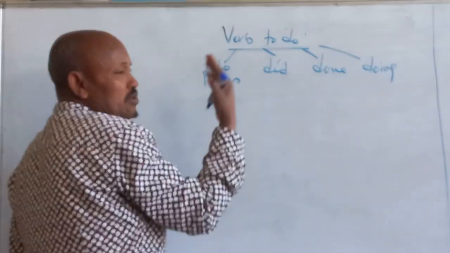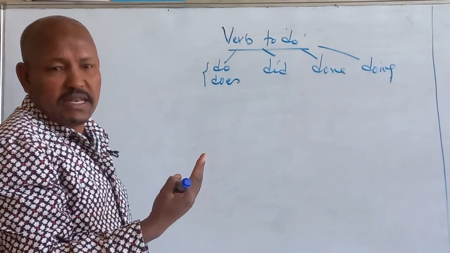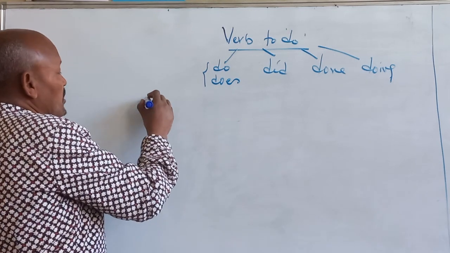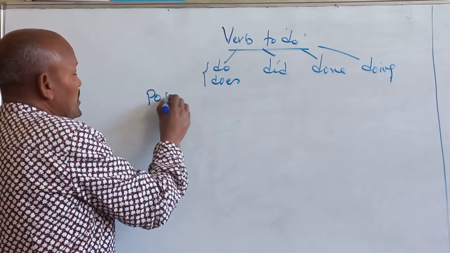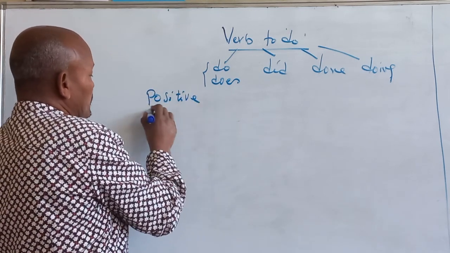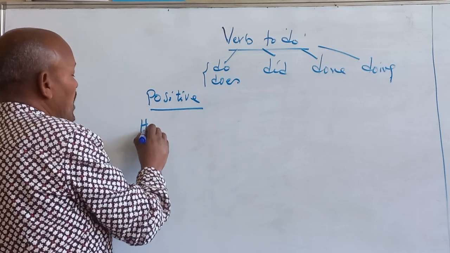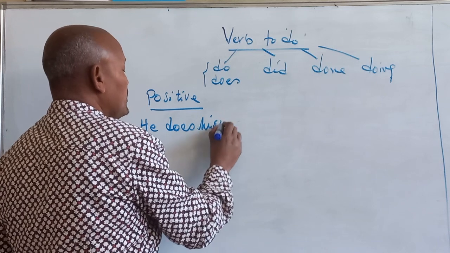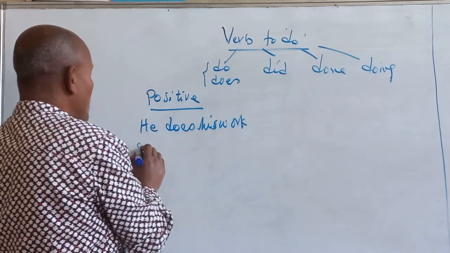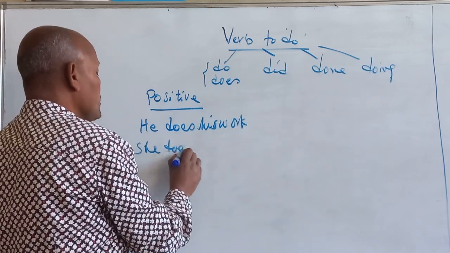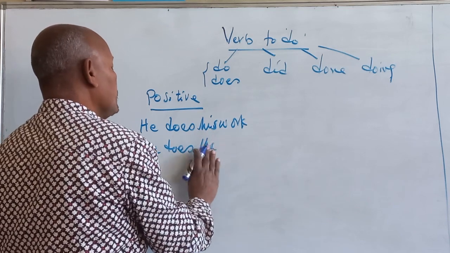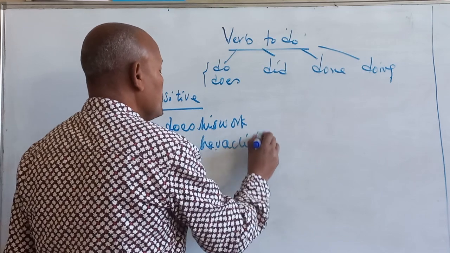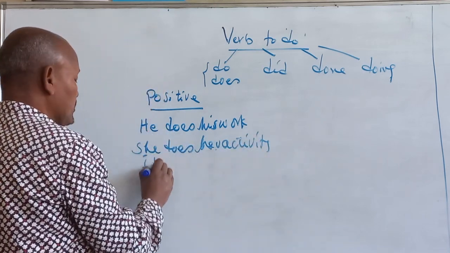So how can we use these different forms of do? Let me start from the first one, which is positive. Look here. He does his work, and she does her activity, and it does.